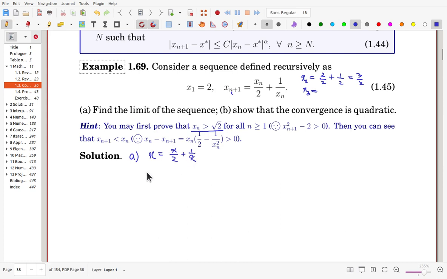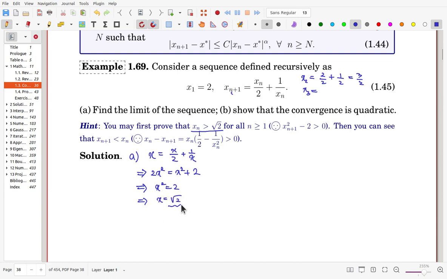If we multiply by 2x, then 2x squared equals x squared plus 2. So x squared cancels, and x squared equals 2, which implies that x is plus or minus the square root of 2. But xn is larger than the square root of 2 for each n, and the limit will be the square root of 2.